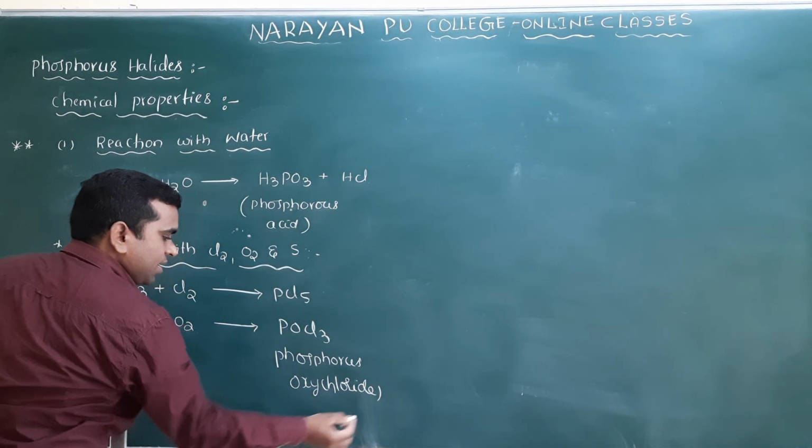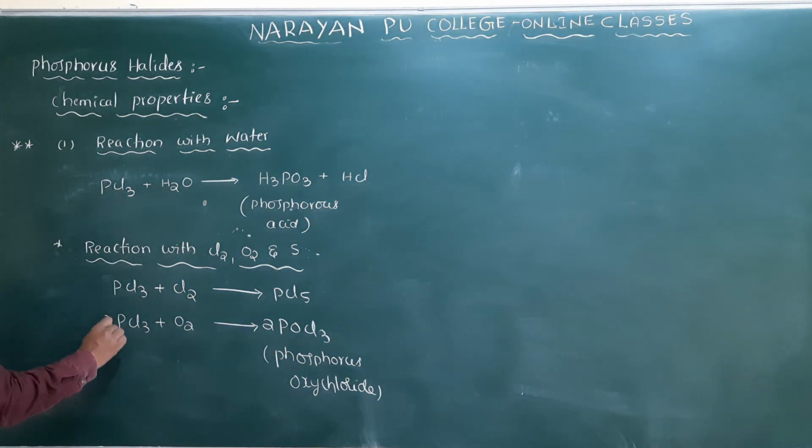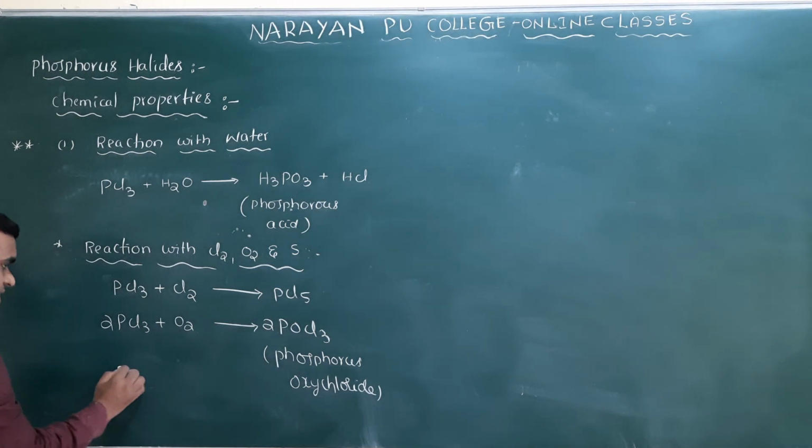How many moles of oxygen are there? 2, so I have to multiply this one by 2.